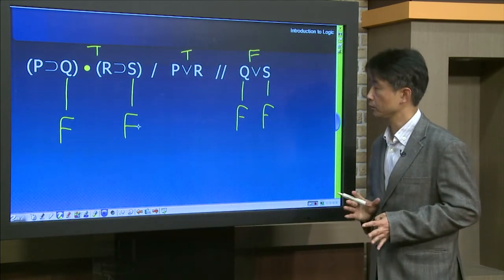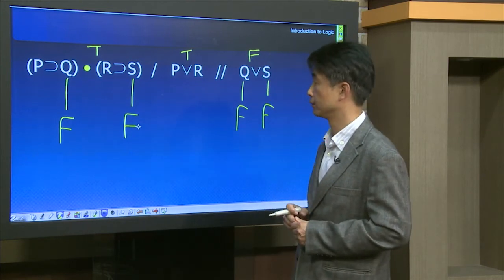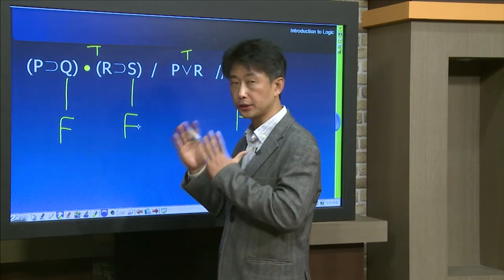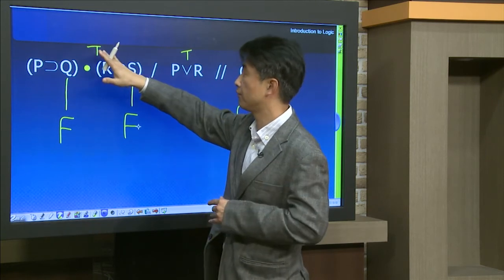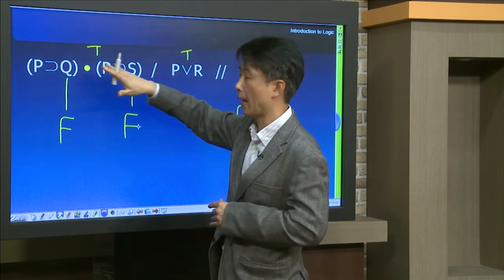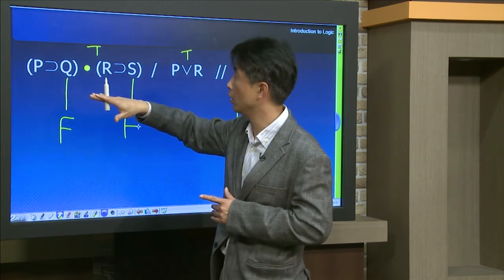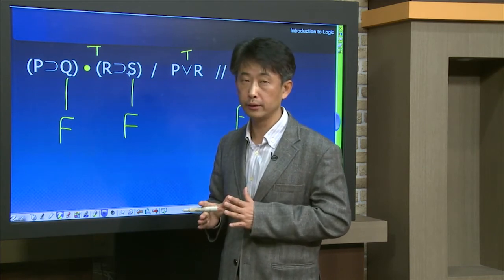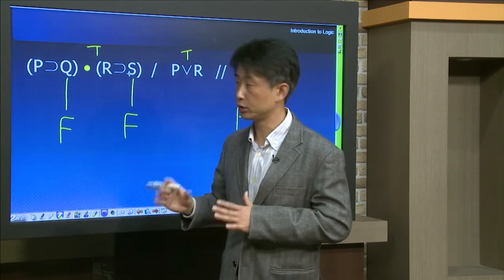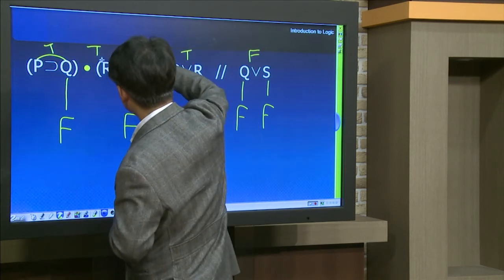Now, let's go to the first premise. I try to make the first premise true, and the first premise happens to be a conjunction statement, an and statement. So, an and statement is true only when both of them are true. So, this has to be true, that has to be true.